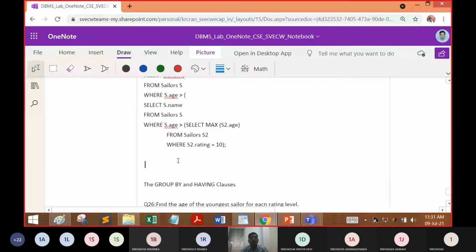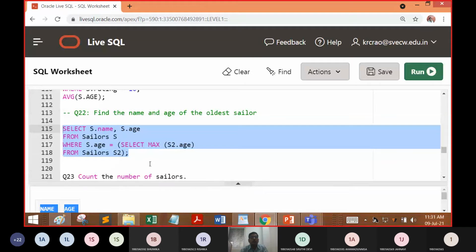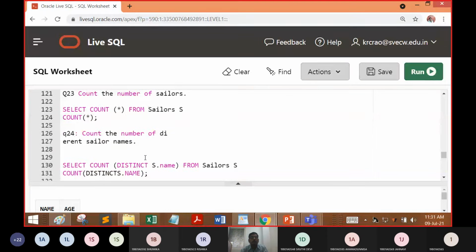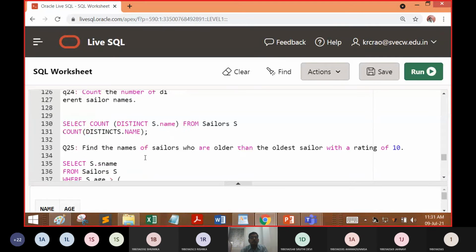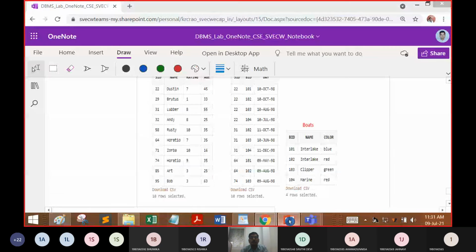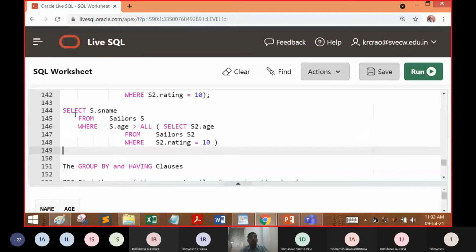The question was that we have to display the names of sailors, from sailors, and those persons' age should be compared.